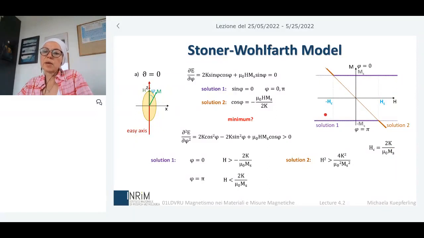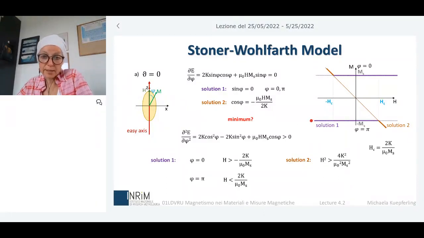You can imagine now that the situation is the following. If you're coming from a high field, magnetization will stay always at saturation magnetization until we invert the magnetic field and reach minus HC. Then immediately we will switch to the solution 1 with phi equal to pi, and if we increase further, we will stay in this solution.